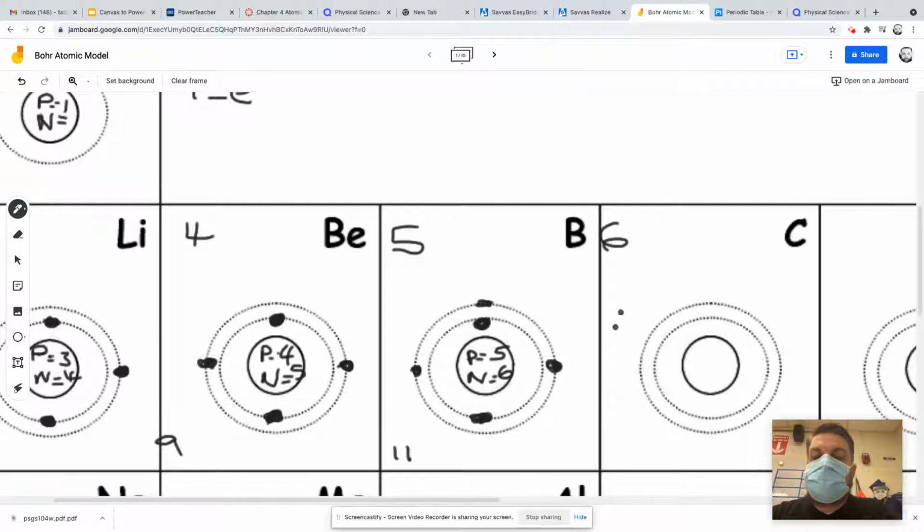Carbon is 6. The atomic mass is 12. That means that I have 6 protons, 6 neutrons, and that means I have 1, 2, only 2 in that first ring, 3, 4, 5, 5, 6.